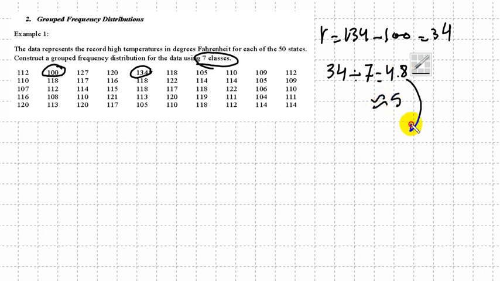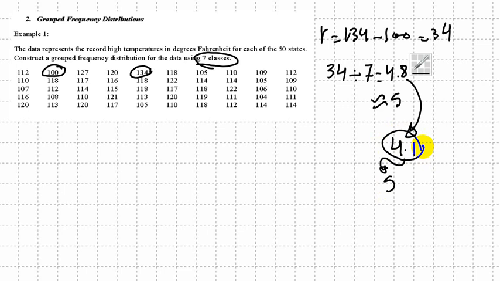Now, if this result is 4.1, how many elements in each class? The elements of each class will also be 5. In this case, we don't use the usual rounding rules. Since the value is greater than 4, we directly round it up to 5.